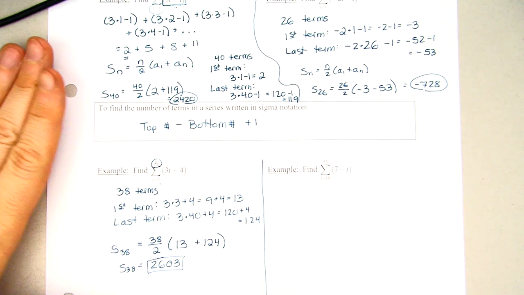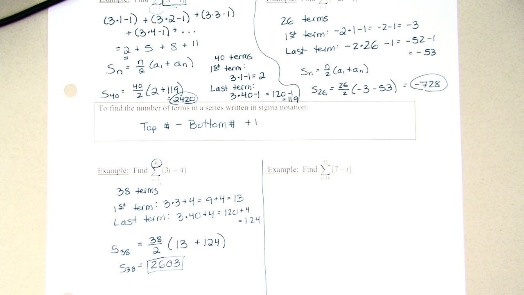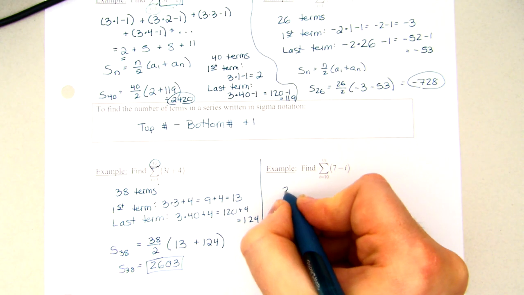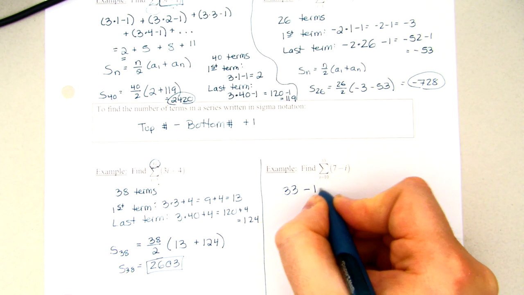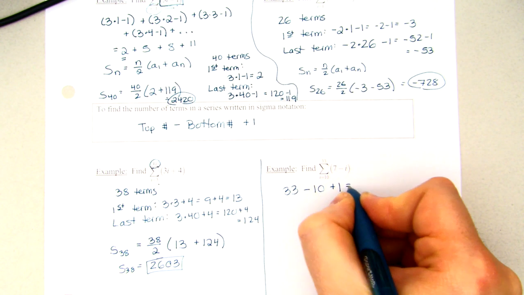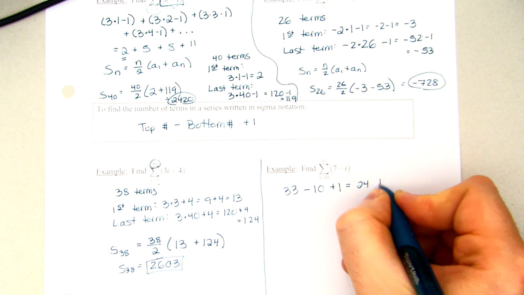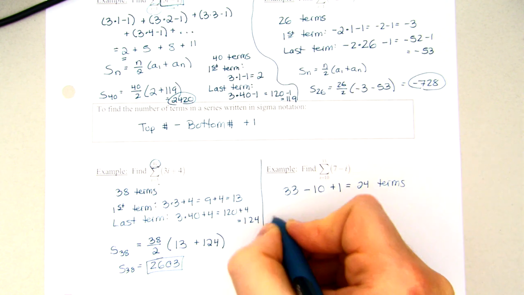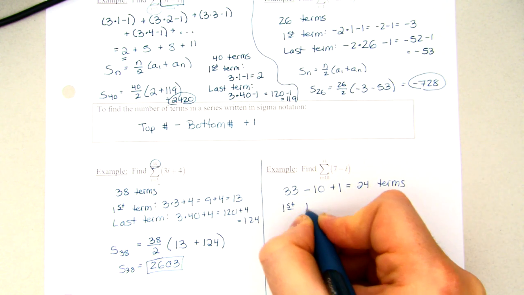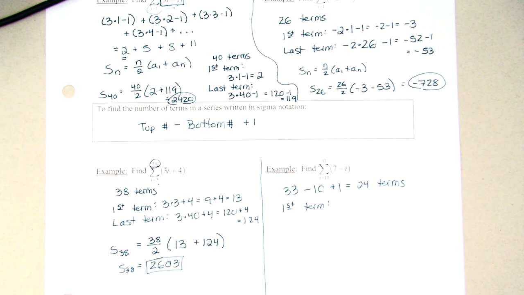Let's take a look at one more of these. To deal with this sum, how many terms are there? If we do our top minus the bottom plus 1, 33 minus 10 is 23, plus 1 is 24. There are 24 terms. Please find the first term.